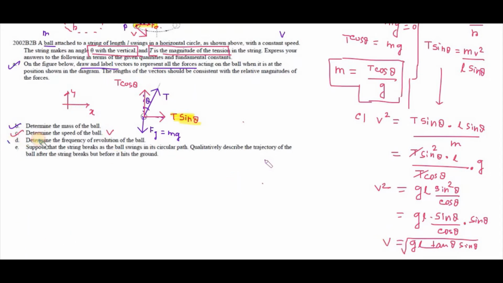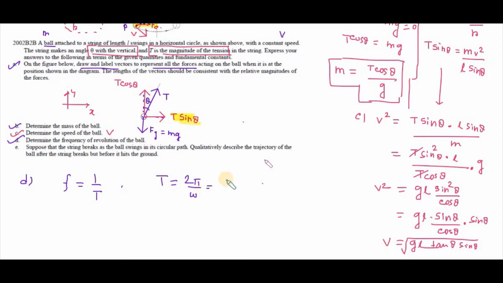In the next part D, determine the frequency of revolutions of the ball. We know that frequency means the number of cycles per unit of time, and that is related to the time period as 1 upon T. Time period T can be determined by 2 pi by omega.